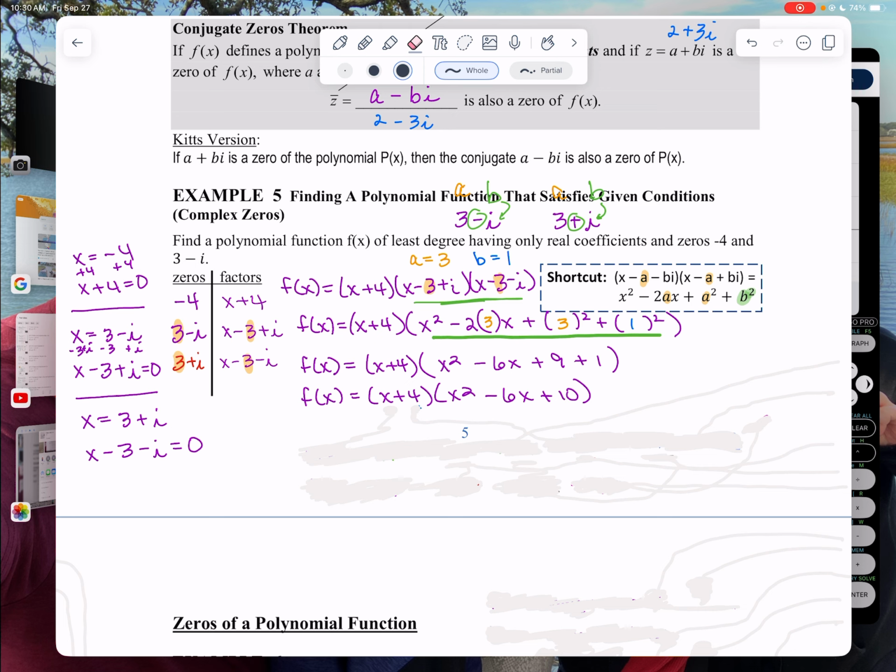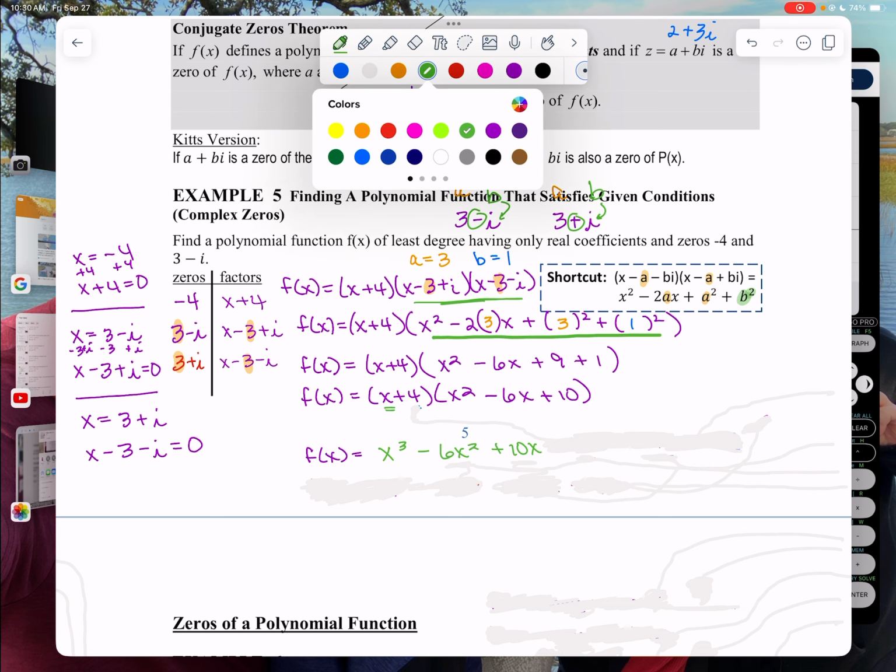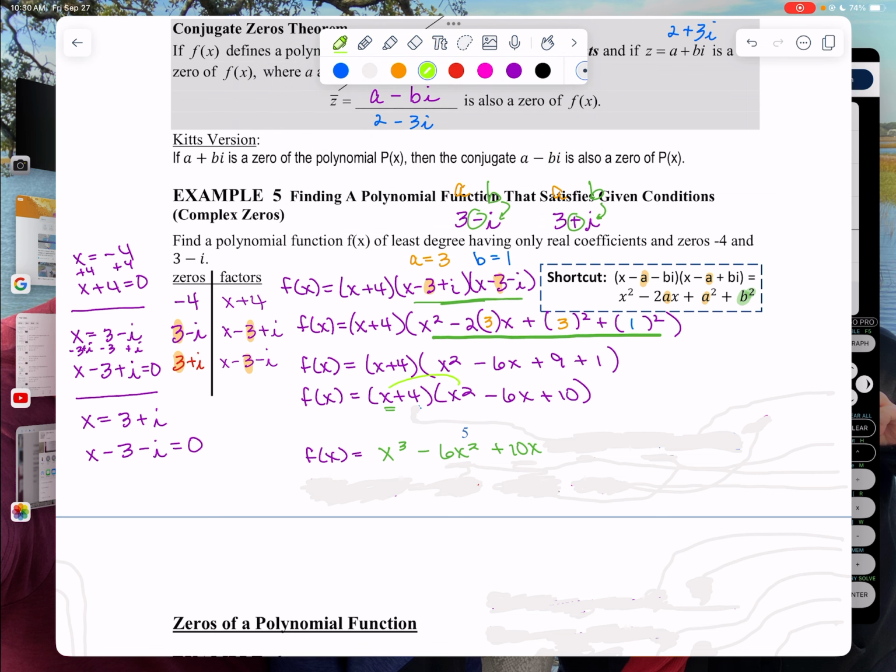I'm going to distribute my x first. Let's distribute him first. So I'm going to get x to the third minus 6x squared plus 6x. And then distribute my 4. So I get 4x squared minus 24x plus 40.